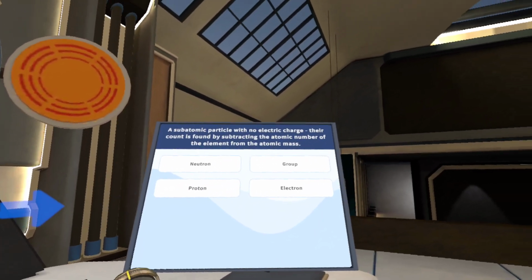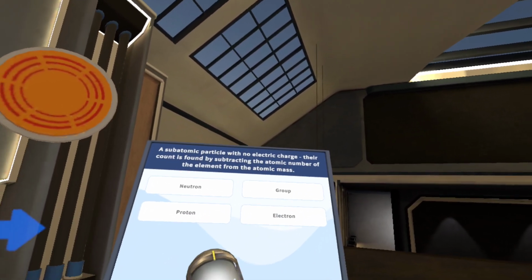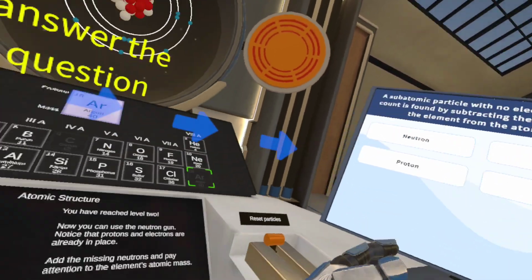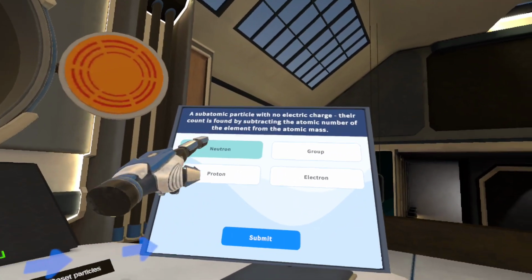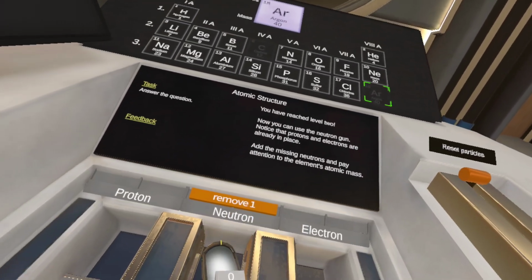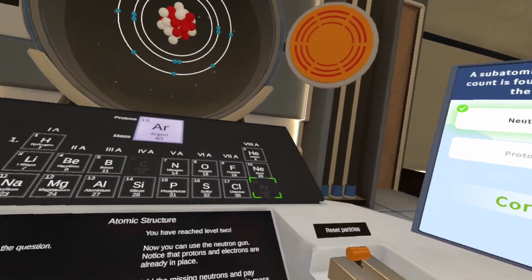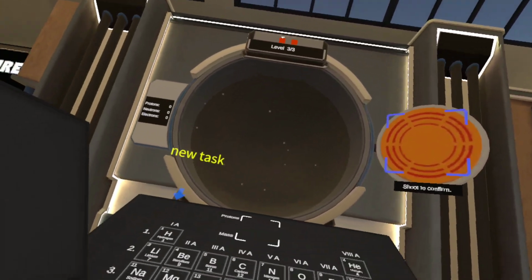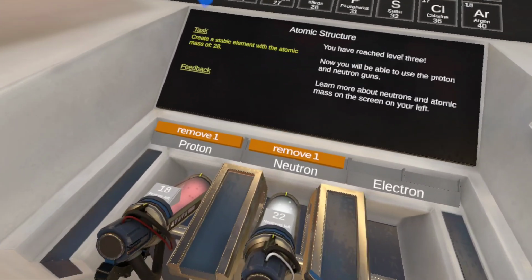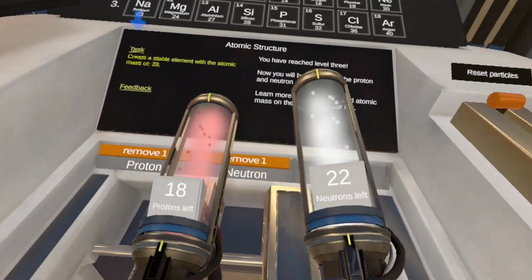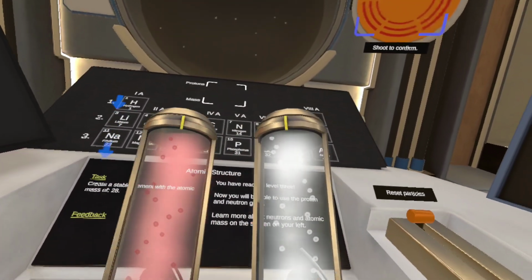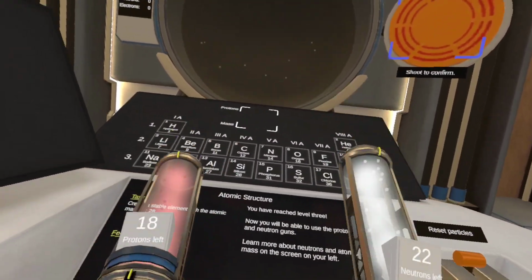Out of neutrons. Correct! You have reached level 3! Now you'll be able to use the proton and neutron guns. Learn more about neutrons and atomic mass on the screen on your left.